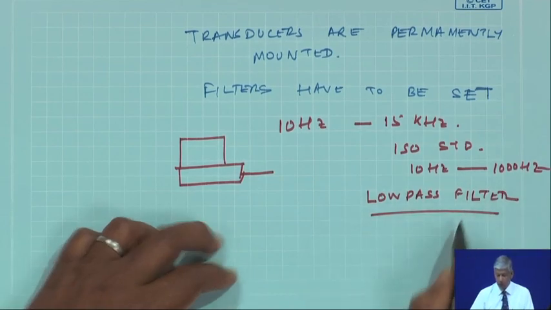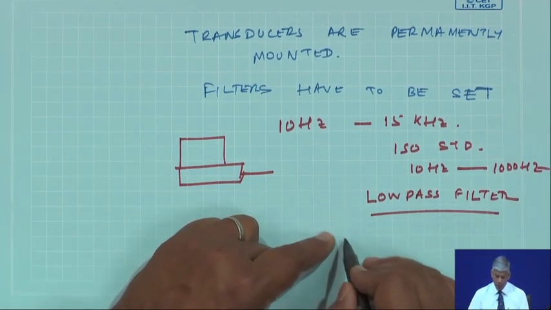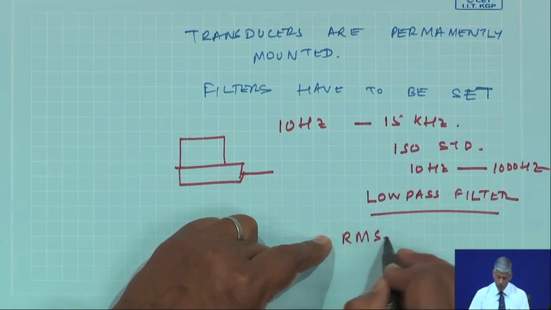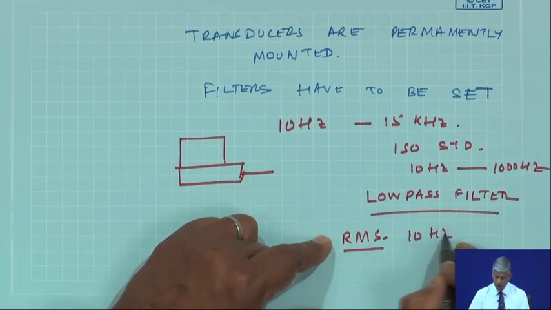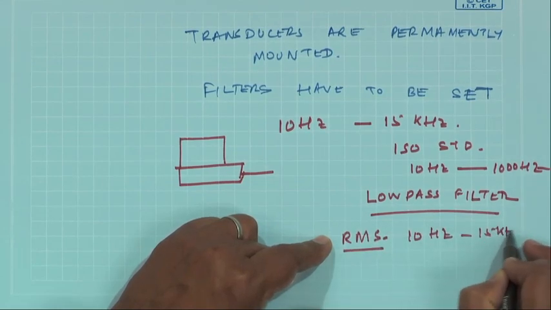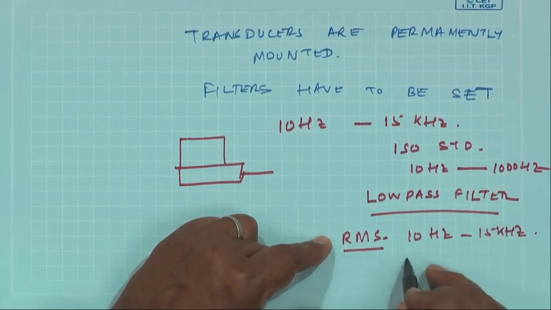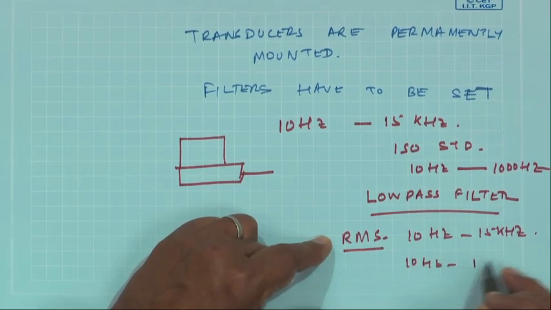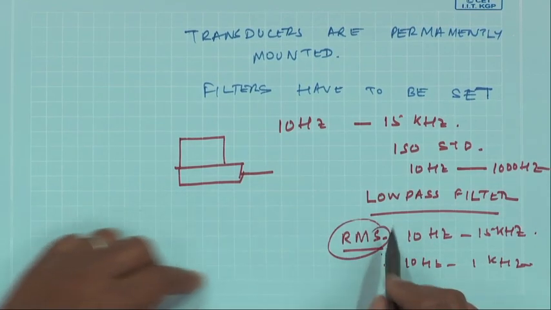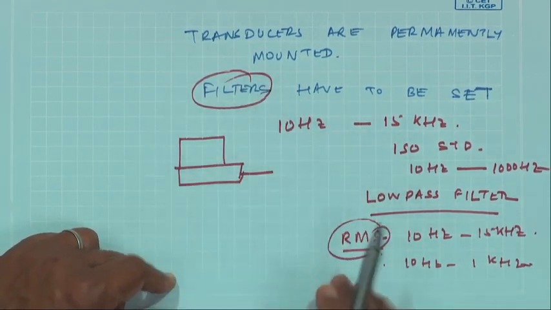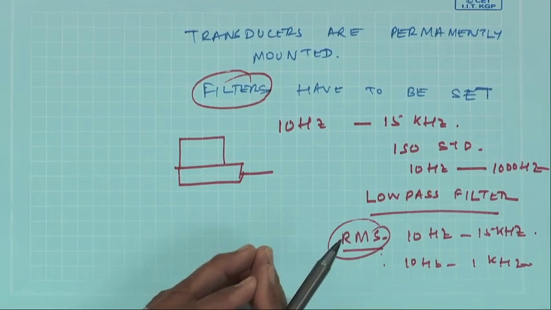Because if the low pass filter is not set, and if you are measuring the RMS value in one case from 10 hertz to 15 kilohertz, whereas it should have been 10 hertz to 1 kilohertz, you will get a different value. Okay. So, one has to be very careful doing measurements.